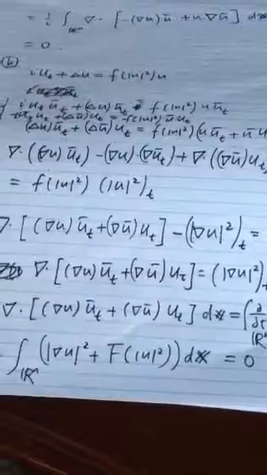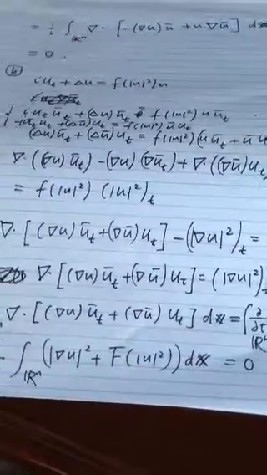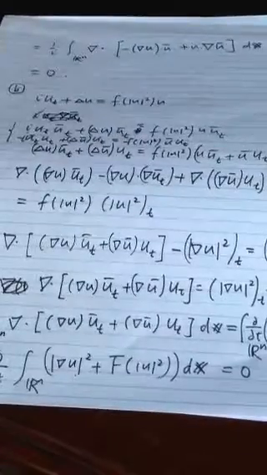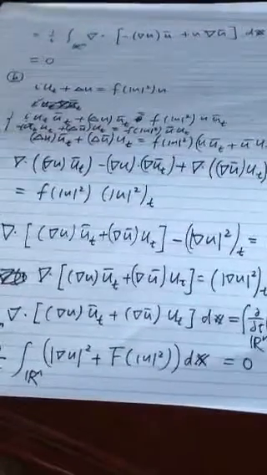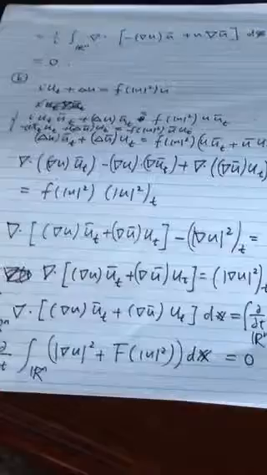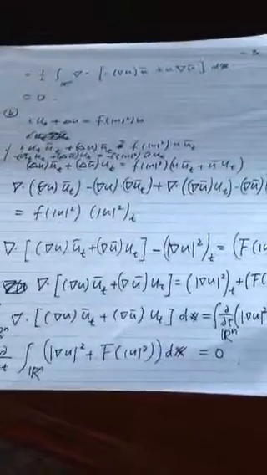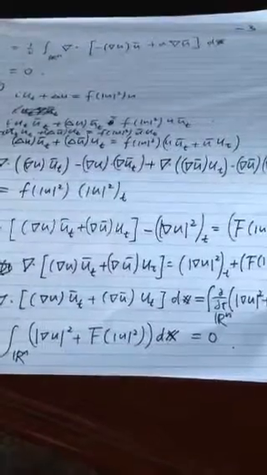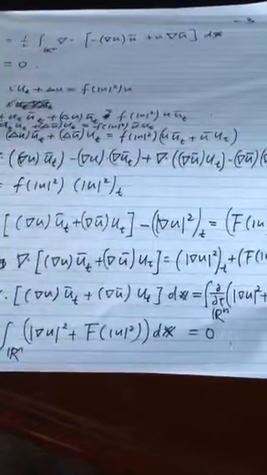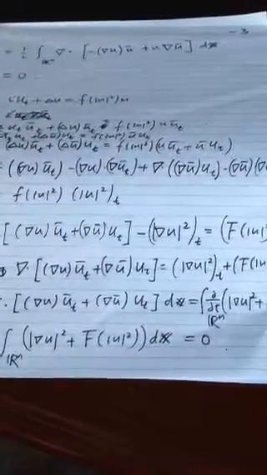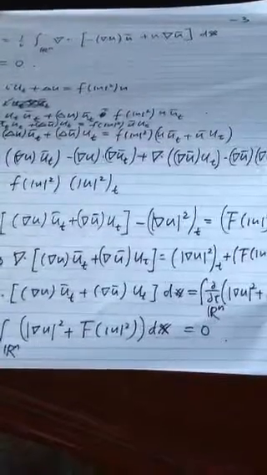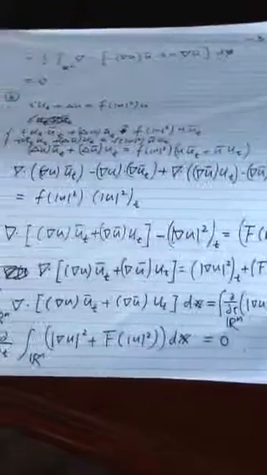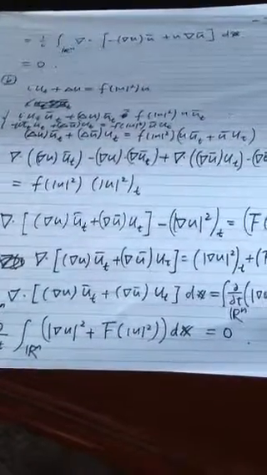Okay, so when you add these two equations up, note that the first term of the first equation and the second term of the first equation cancel out. So you get the Laplacian of u times u bar_t plus the Laplacian of u bar times u_t equal to f of absolute u squared times u bar_t plus u bar u_t, and then you write this out.